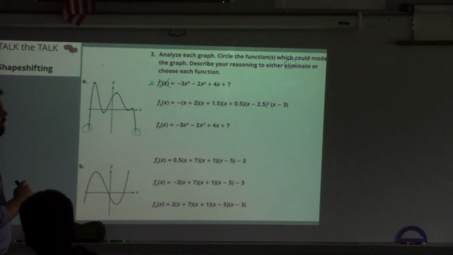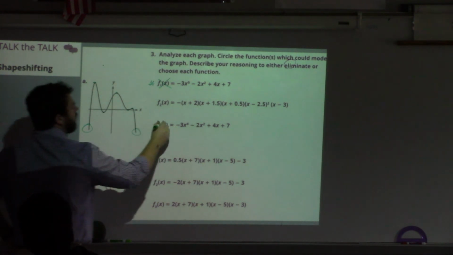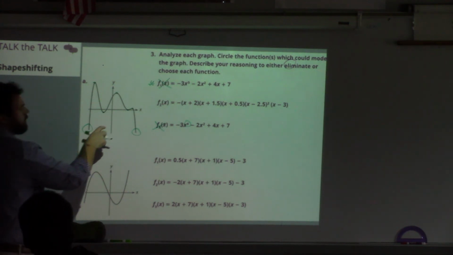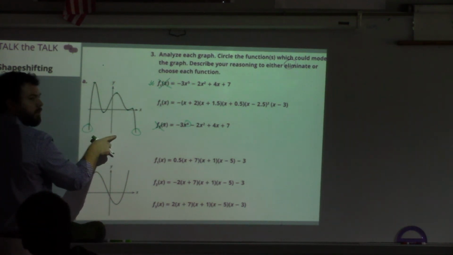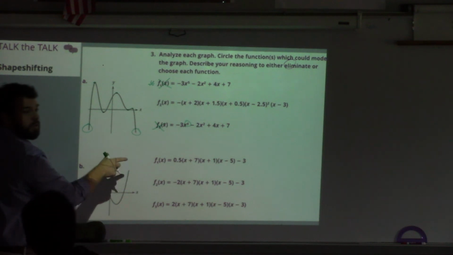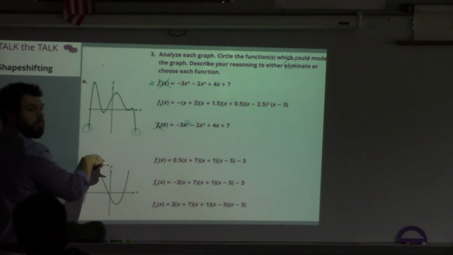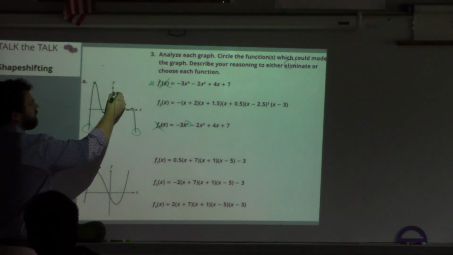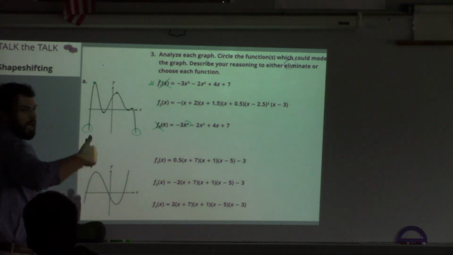It can't be F3 because that's a degree of 4. This has to be degree 6 at least. It could be higher, but it has to be at least degree 6, because how many extrema do we have? 5, so the degree has to be one more.